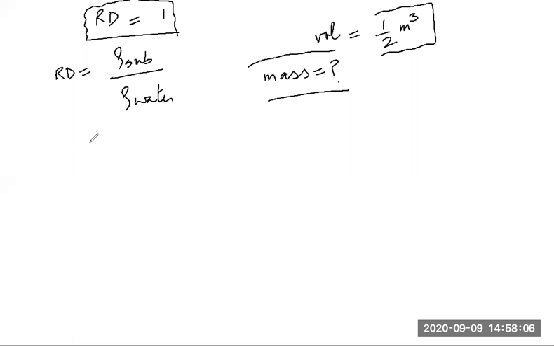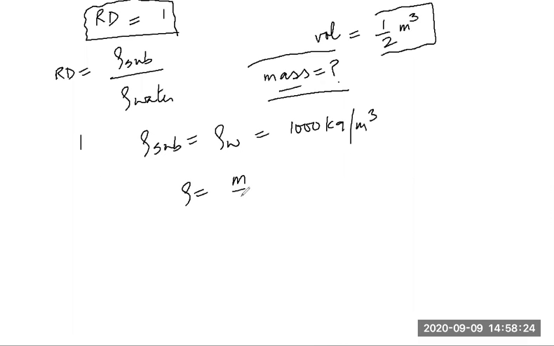As relative density is 1, the density of that substance is equal to density of water, which is 1000 kilogram per meter cube. So density is given, volume is also given. We will find mass. Density is equal to mass by volume, so 1000 is equal to mass, which we don't know, divided by volume, which is half.